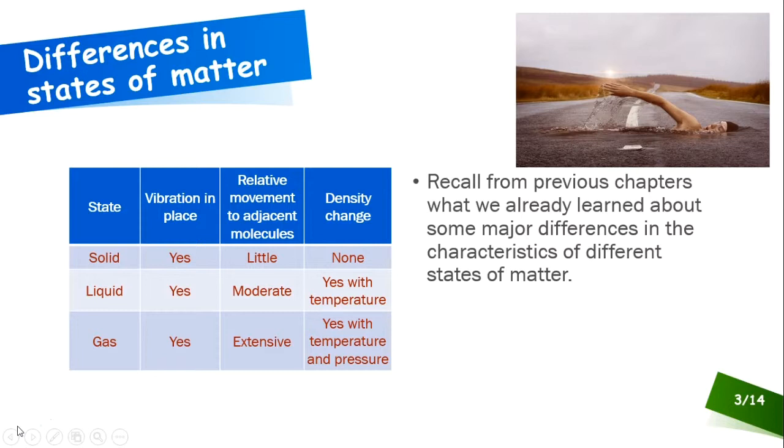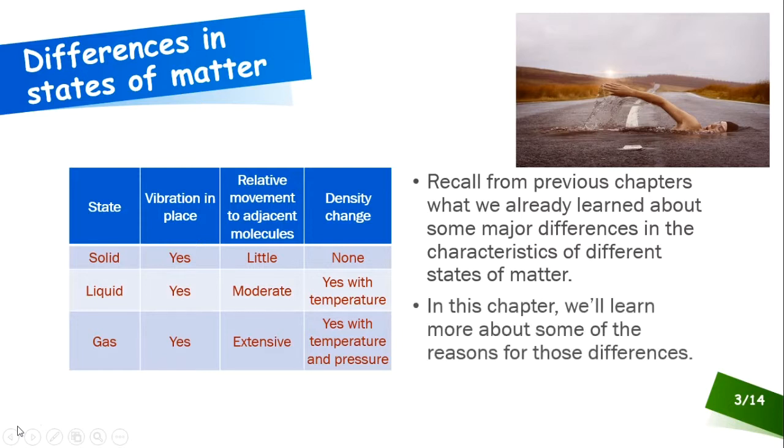You see changes in density with solids, liquids, and gases. So with solids, there's no change in the density. With liquids, you can change the density by changing the temperature. And with gases, you can change the density by changing the temperature or the pressure or both.